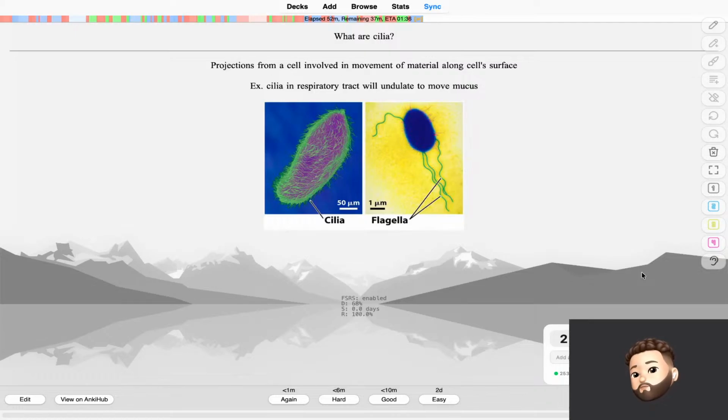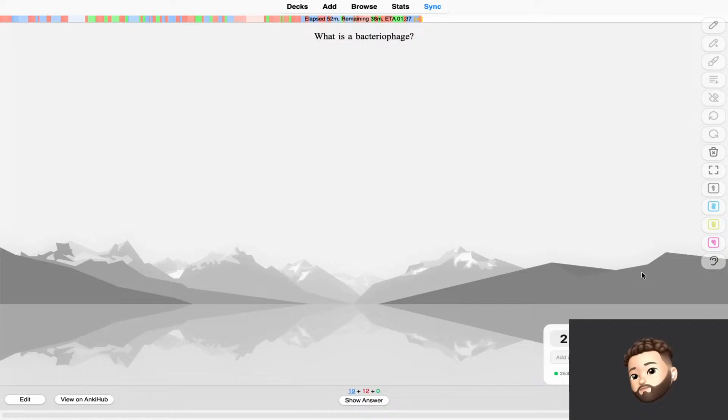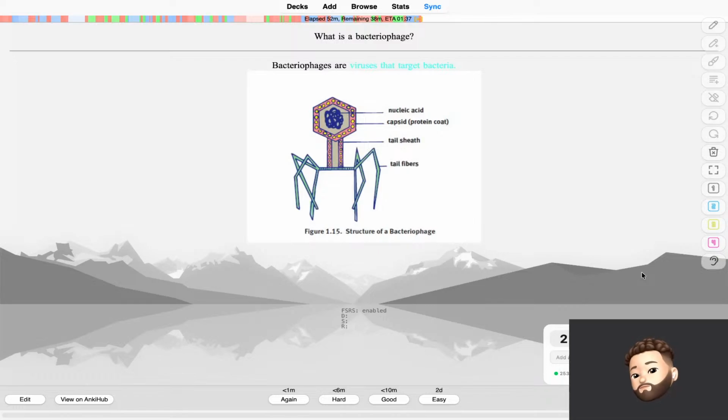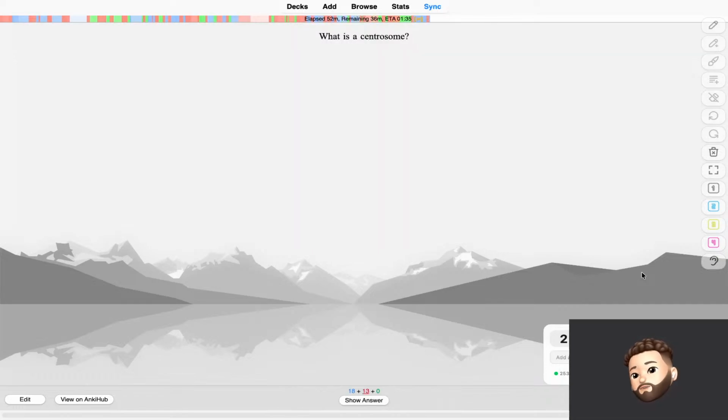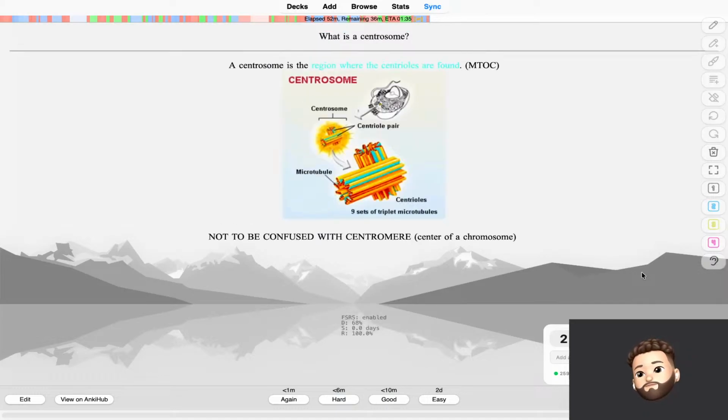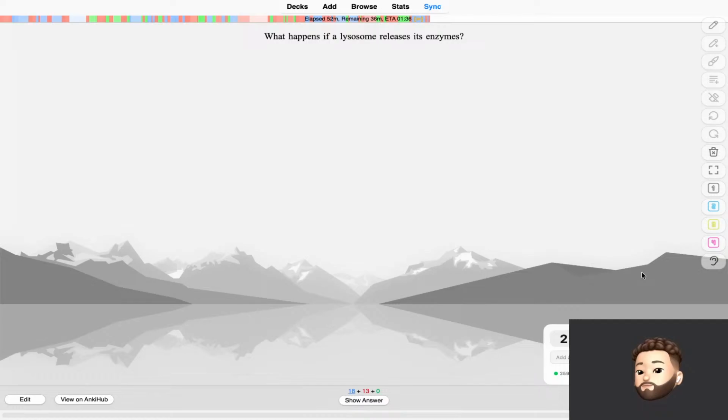Projections from a cell involved in movement of material along the cell surface. What is a bacteriophage? It's a virus of bacteria. Yes. What is a centrosome? Centrosome is the region where centrioles are found. I thought I needed to see it again, but maybe not.